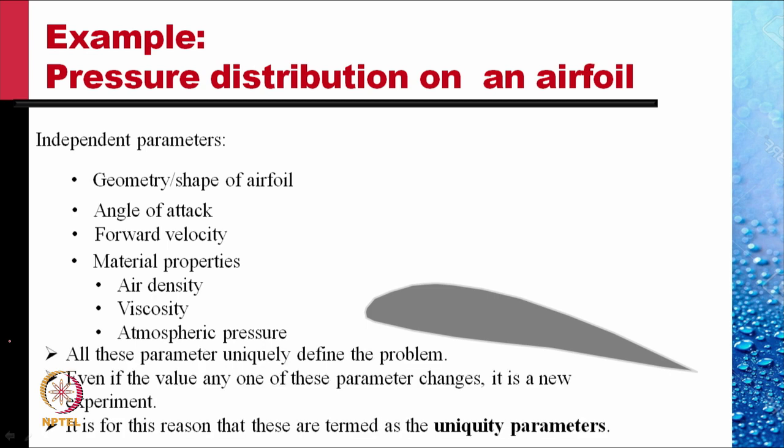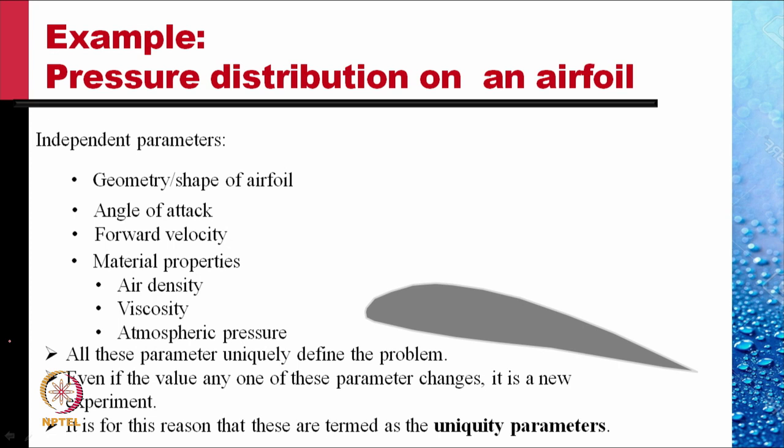All these parameters uniquely define the problems. If we have defined each one of these parameters, we have uniquely defined the problem. The problem definition is complete. The situation of the problem has been completely identified. If we change any one of these parameters, the experiment has changed, whether it's a numerical experiment, an analytical experiment, or a physical experiment.